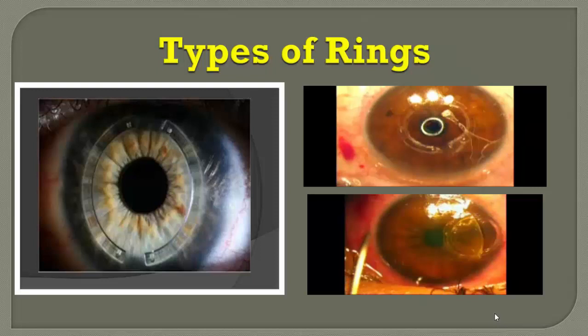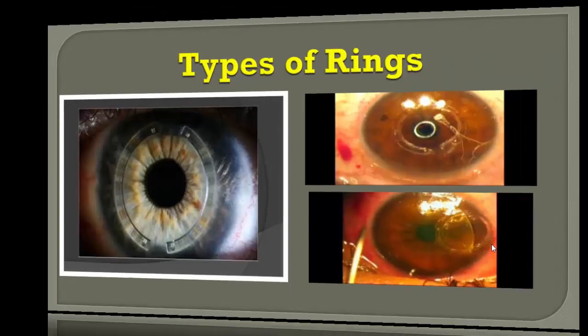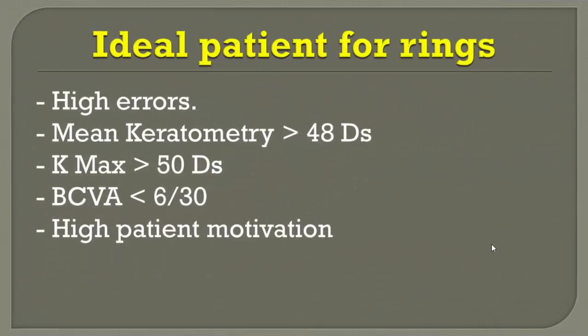Types of intracorneal ring segments include Intacs, like here, and Kera ring, like here, or what's called Ferrari ring, and lastly a continuous one ring, which is called MyoRing. The ideal patient for rings is a patient with high error, with steep cornea, with high maximum keratometry, and poor visual acuity, with high patient motivation.